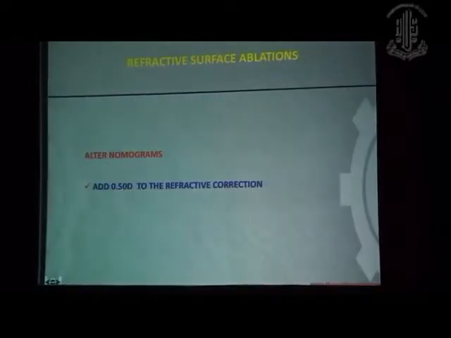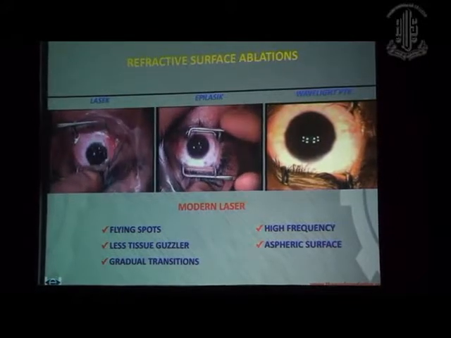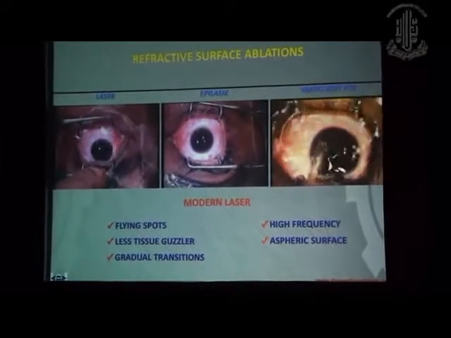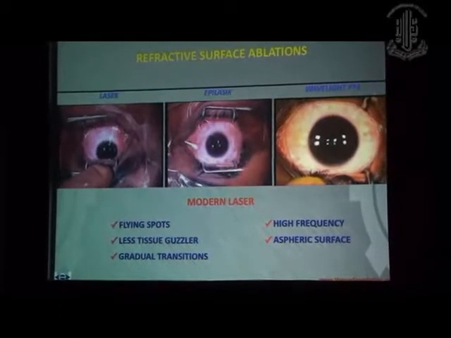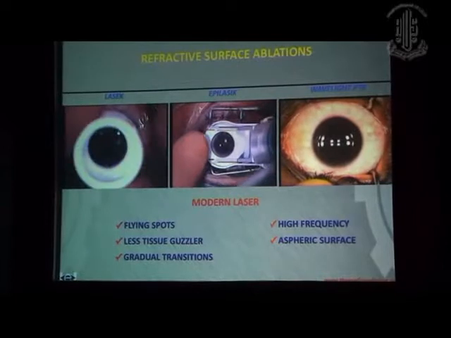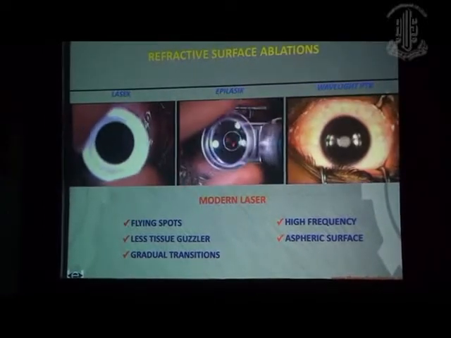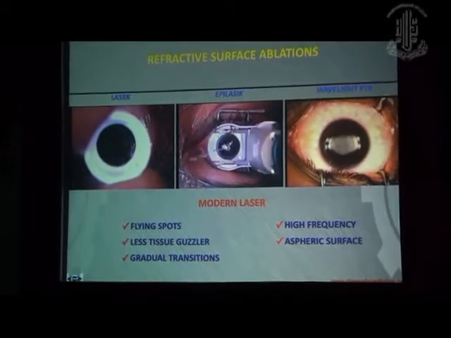Or you could do a transepithelial PRK mode, wherein you are able to remove that 50 micron of epithelium, go ahead and do a laser ablation, place mitomycin C 0.02% for 30 seconds, which is how I would advise, and then place a bandage contact lens.